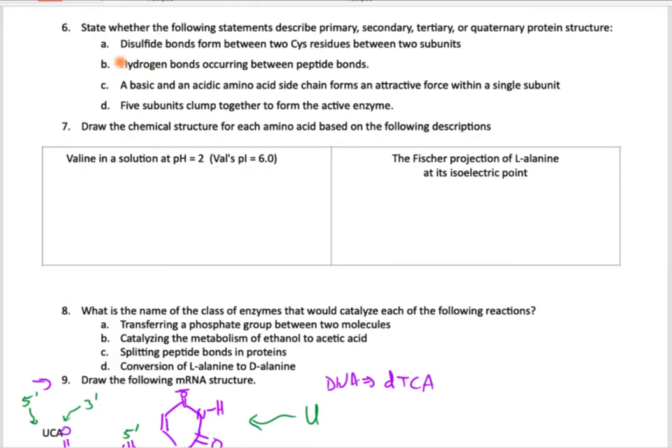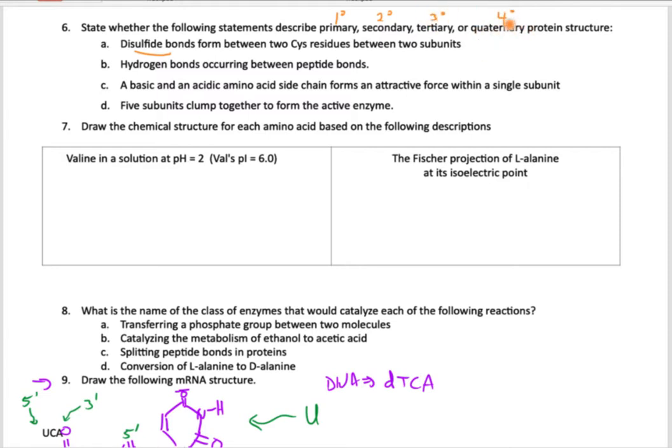In the next question, you see some of those examples like a disulfide bond, etc. These are referring to different interactions, different descriptions of proteins. And we want to identify whether it's primary, secondary, tertiary, or quaternary.